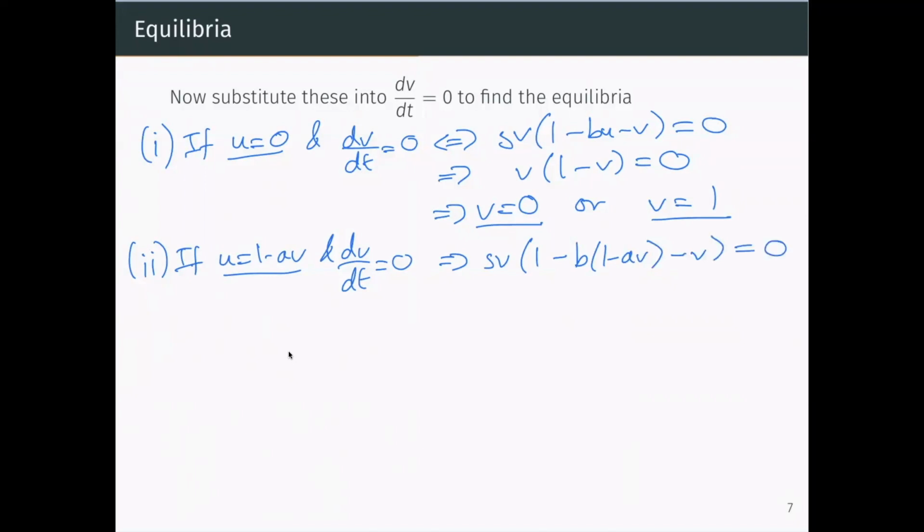So again, what do we learn from this? We learn that either v must equal 0, or the thing in the brackets must equal 0, which we can expand to be 1 - b + abv - v is equal to 0.